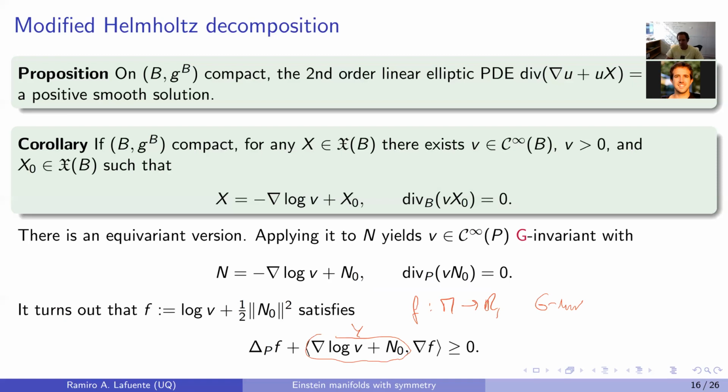And it was precisely what we were looking for. Because it is G invariant, this will give rise to a similar equation on B, which is compact. And then by applying the maximum principle, we can deduce that equality holds everywhere.